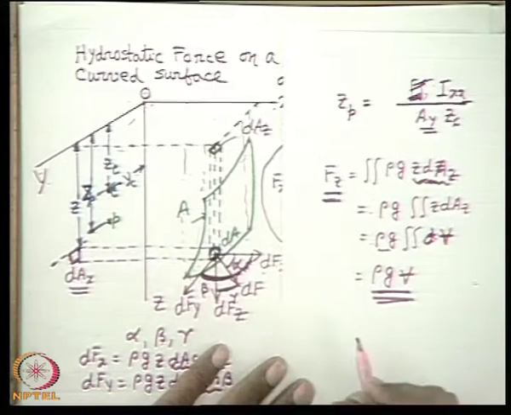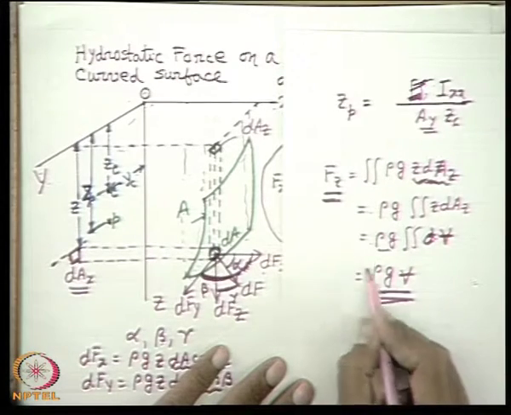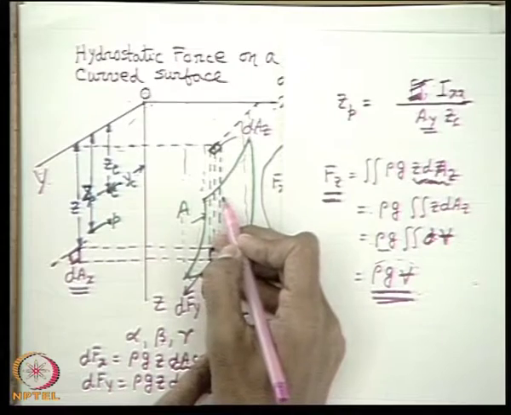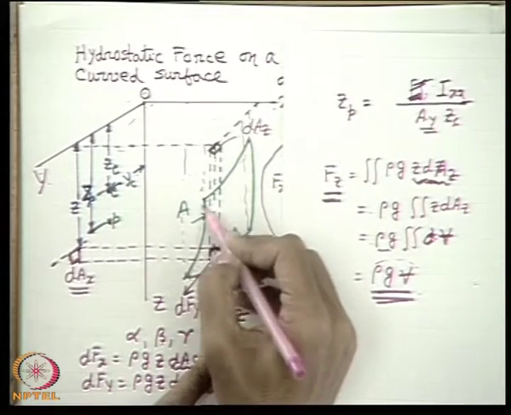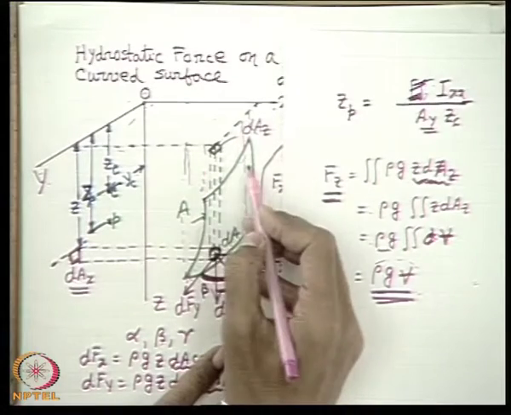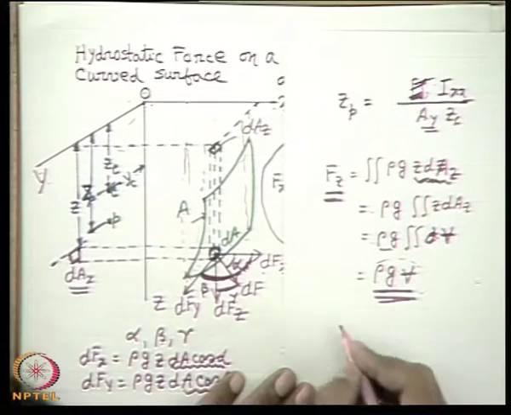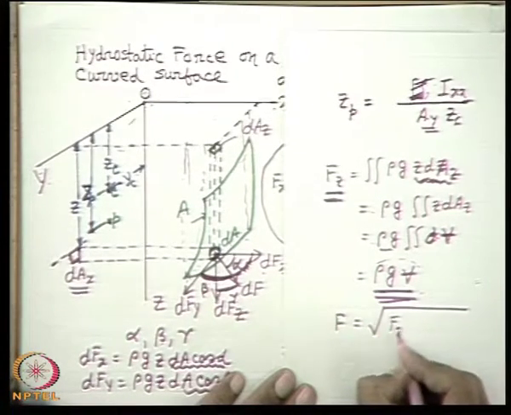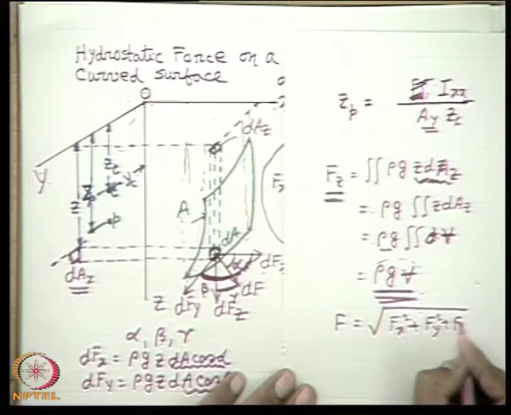So next, the point of action of this force is through the center of volume of this bulk of fluid, which is contained vertically above the surface up to the free surface. And it is a little complicated to find out the point of application. The resultant force is very simple, you just vectorially add Fx square plus Fy square plus Fz square.